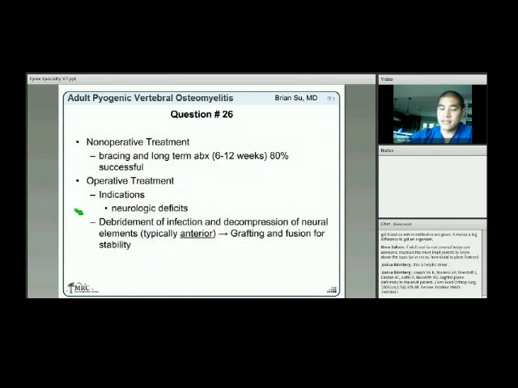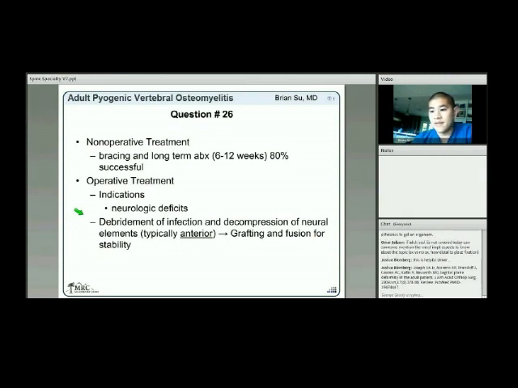Non-operative treatment, certainly in somebody that doesn't have severe neurological deficits and you do have an organism, you can brace them, use long-term antibiotics, and that certainly can be successful. Operative treatment, remember, the one overarching theme is going to be neurological deficit. How do you treat these people operatively? In general, you have to debride the infection, debride the disc space, so that is typically an anteriorly based procedure.